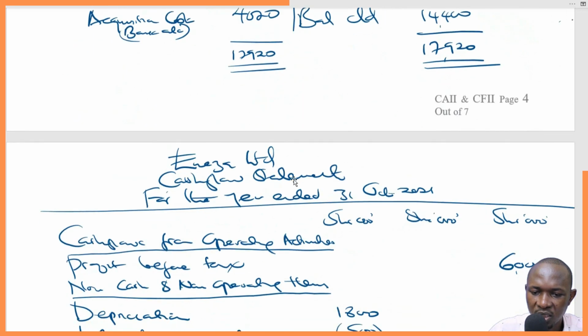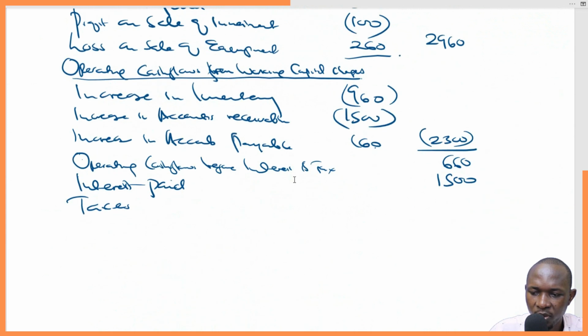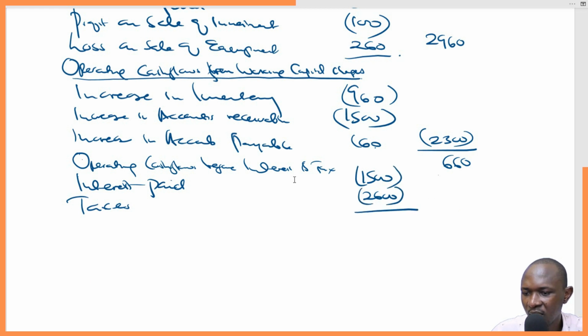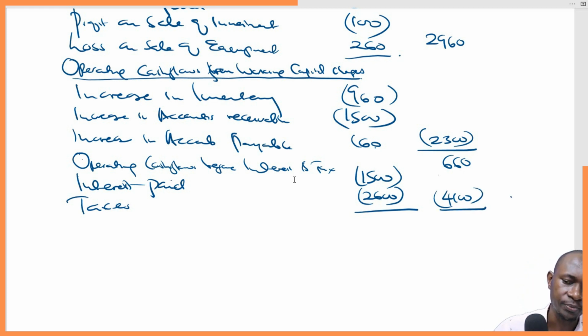So just come to the statement of cash flow here. 2,600. In fact, the best thing we can do is to put them here. 1,500 and 2,600, sorry for that. So that now we have those figures. We are deducting all this. This is 4,100 in brackets. With less, we get the net cash flow here.